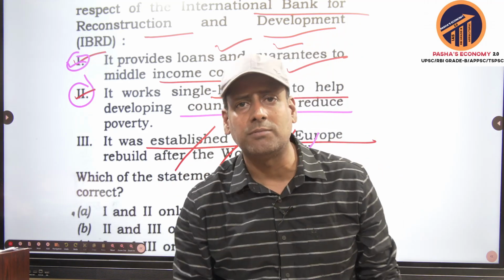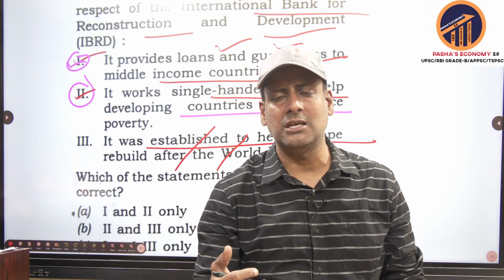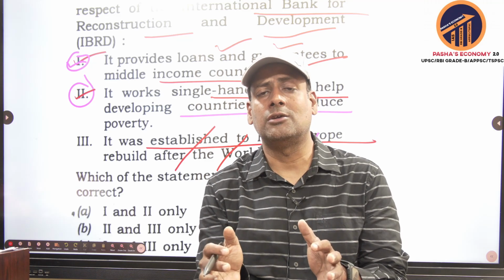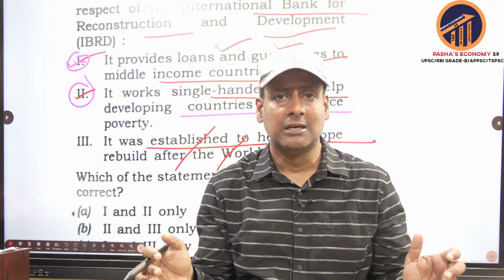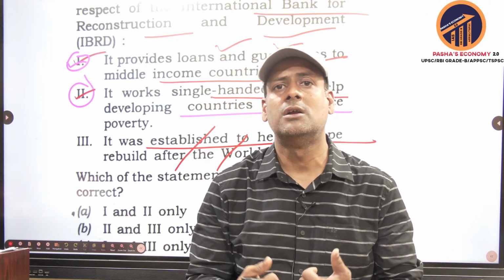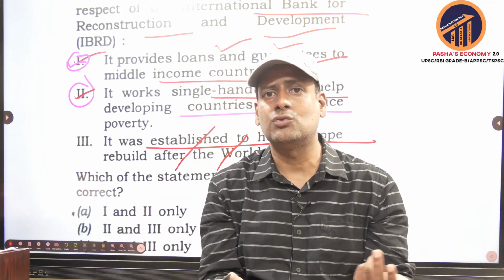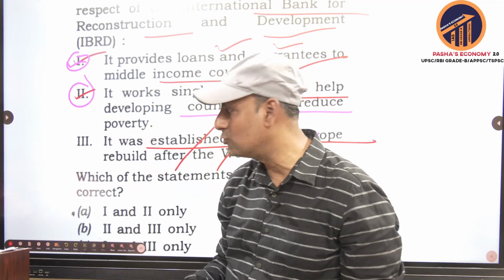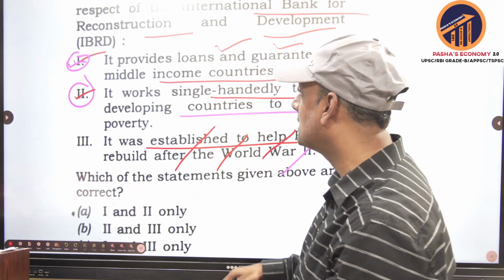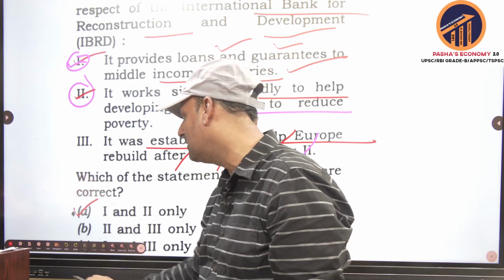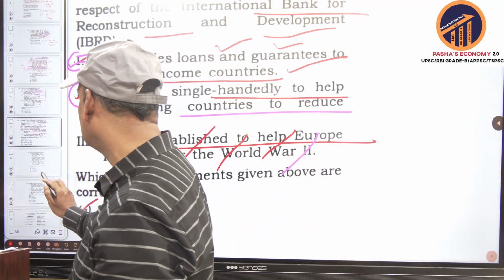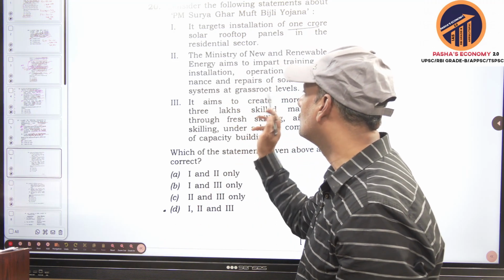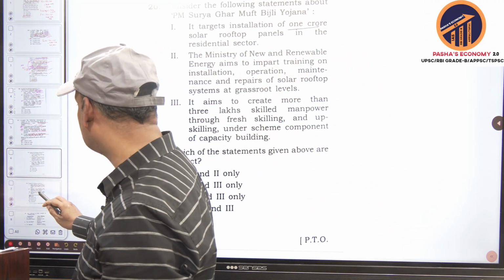No, not only Europe, even Australia, America and Asia. Every nation affected and devastated by the Second World War needed reconstruction, and that is why the establishment happened. So options 1 and 2 are absolutely right. Clear? This is the easiest question as far as the international economy is concerned. Then next we'll move on. I already explained this. Right, friend?